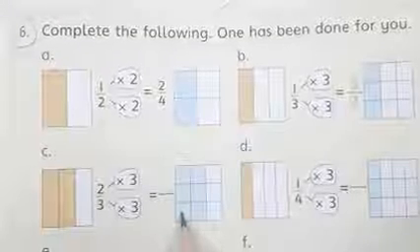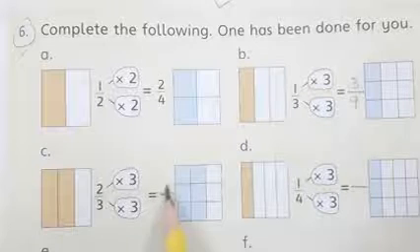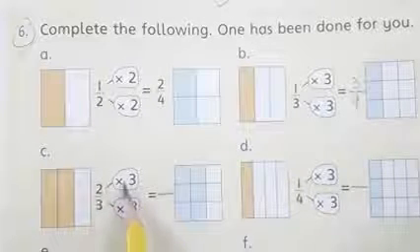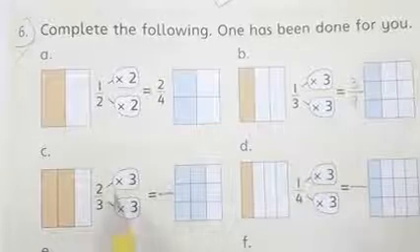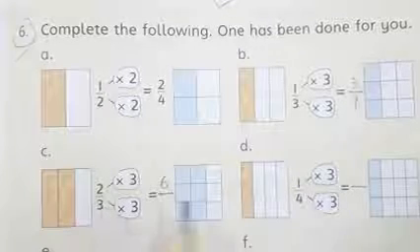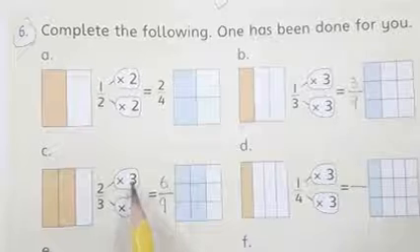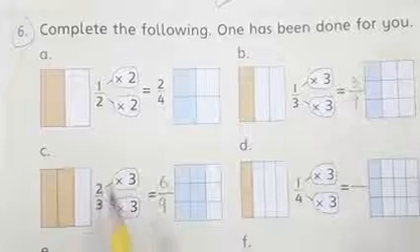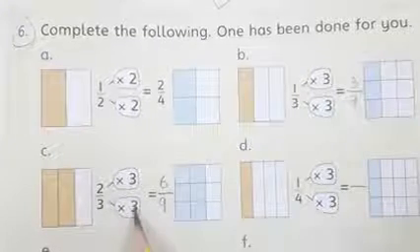So it means we have to answer here 6. So if we multiply 2 by 3, then we will get the answer 6. So 2 threes are 6 and 3 threes are 9. As I explained to you, in equivalent fractions, we multiply numerator and denominator with the same number.